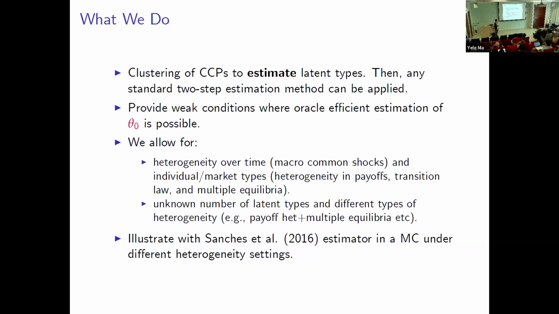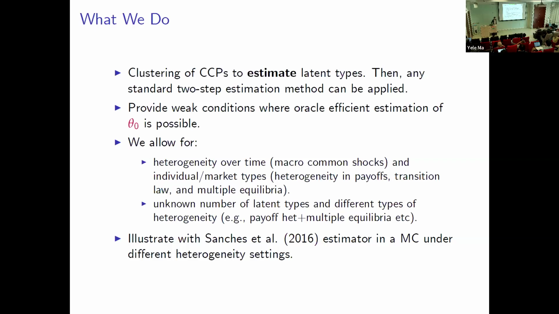Unlike Bob's paper and also Victor's paper, which also deal with unobserved heterogeneity, but what they do is solve soft classification, because they embed a mixed model in the likelihood framework and then estimate that. My approach is hard classification, where I estimate these hidden types, and then when I have these latent states or latent types, you can just do the two-step estimation procedure.